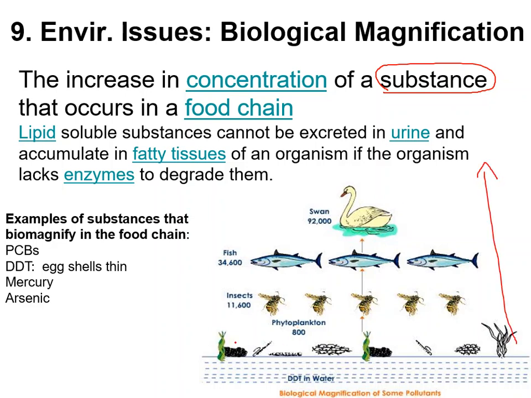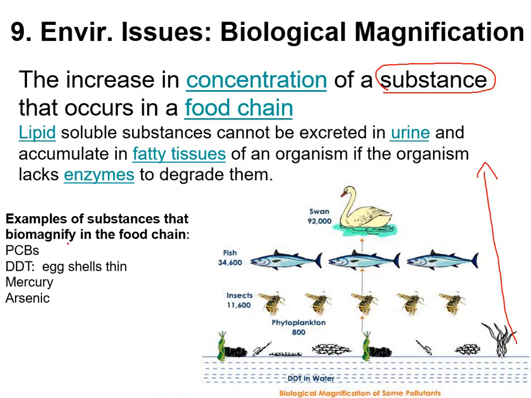So as your consumers eat producers, and as your secondary consumers eat your primary consumers, etc., these toxins accumulate in fat tissue and is consumed ultimately by us, potentially. And by the time it gets to us, whatever it is, it might be in highly toxic concentrations.